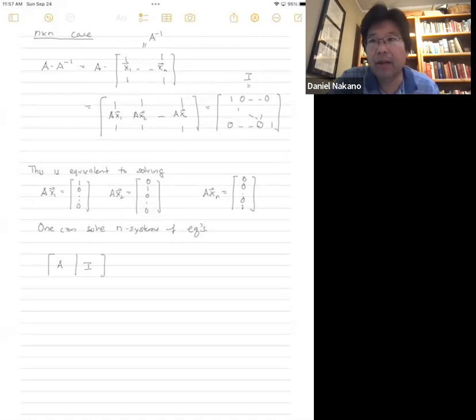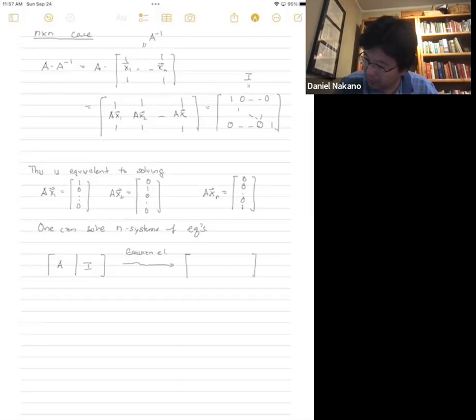So I have A on the left-hand side and the identity matrix on the right-hand side. Then I can perform Gaussian elimination like before.